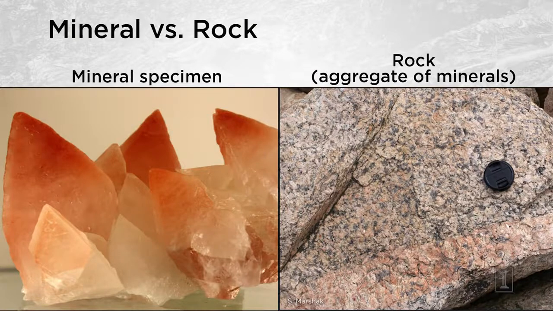A mineral, as we'll see, is a single coherent piece of a single unique composition. Often it will have specific characteristics that are geometric, color-wise, and so forth, whereas a rock is an aggregate of many mineral grains put together in some way. So geologists make a distinction between mineral specimens and rocks.